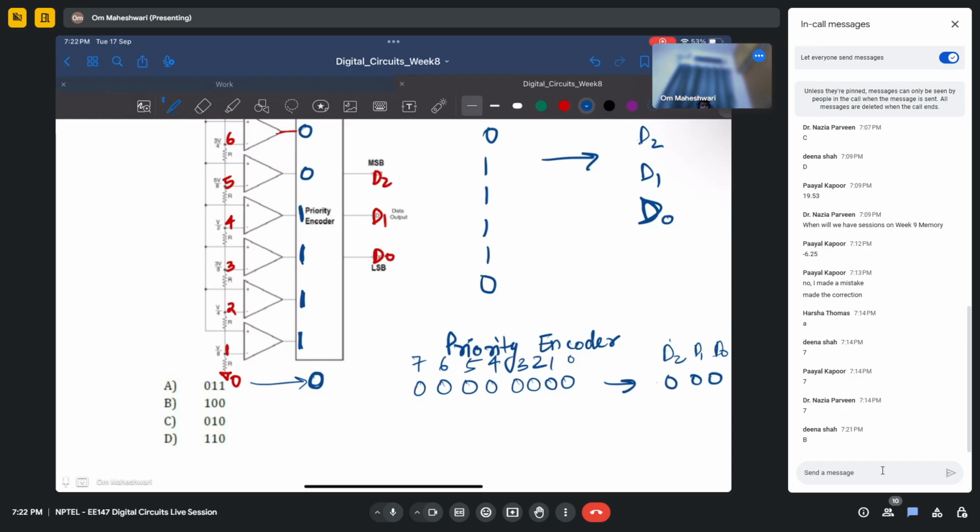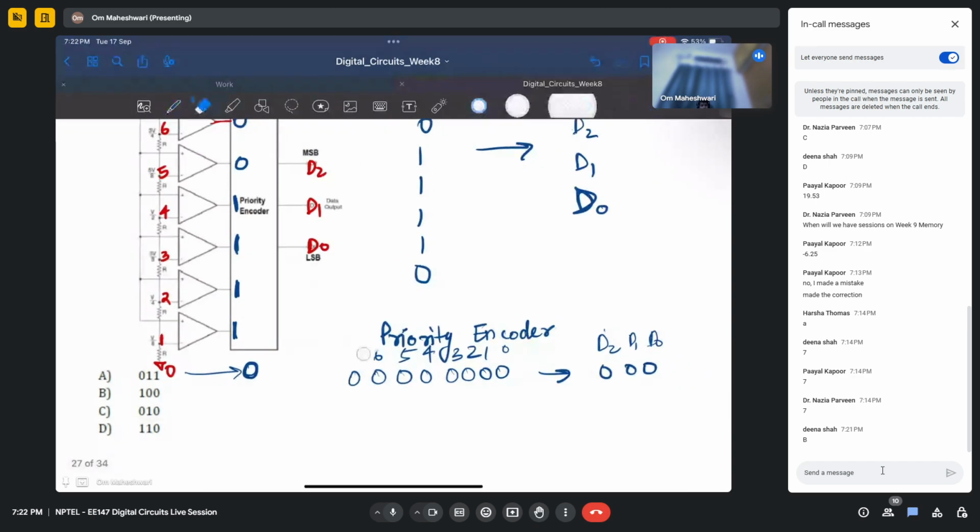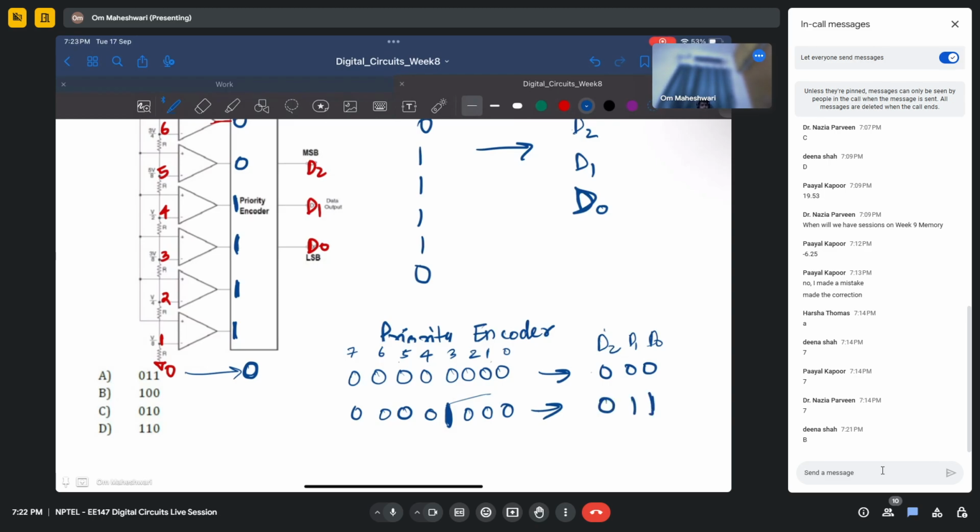So let's say your input is 0, 0, 0, 0, 1, 0, then your output will be corresponding to 3. So corresponding to 3, in binary form is 0, 1, 1. Now let's say your input is 1, 1, 1, 0, something like this.